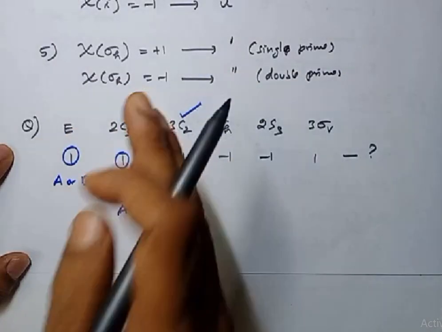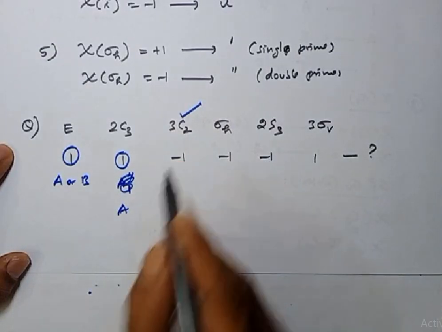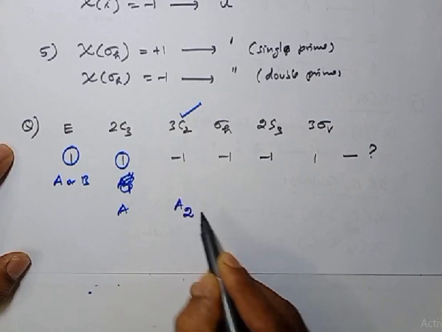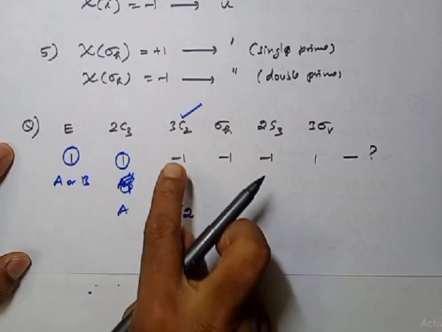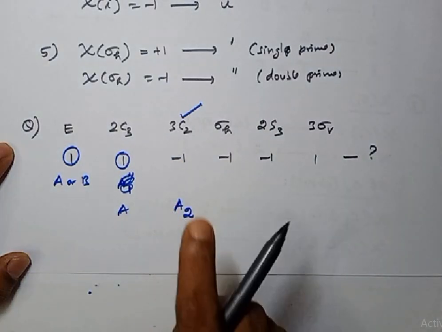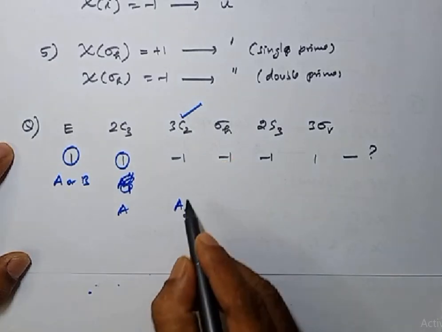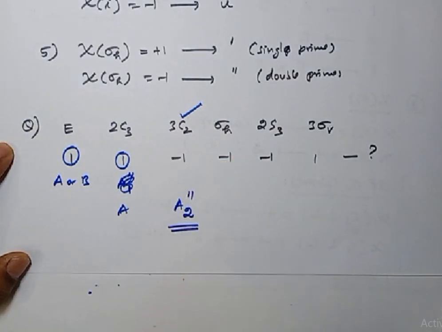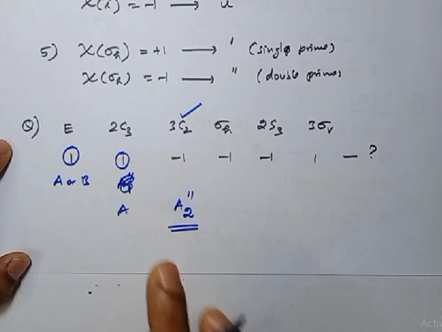It has higher priority, and for the C2 operation the character is -1, so you should put 2 in the subscript. Then the horizontal plane is given -1, so you should put double prime. So the Mulliken symbol is A2 double prime.